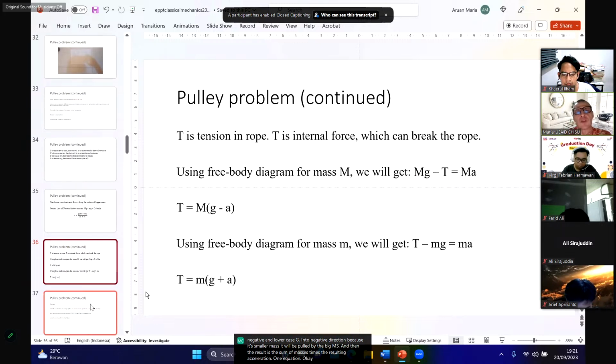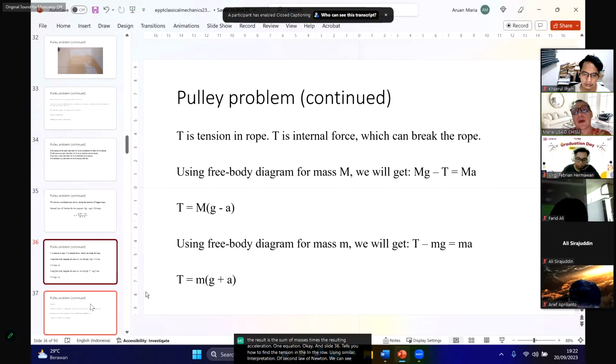Okay, and slide 36 tells you how to find the tension in the rope using a similar interpretation of the second law of Newton.